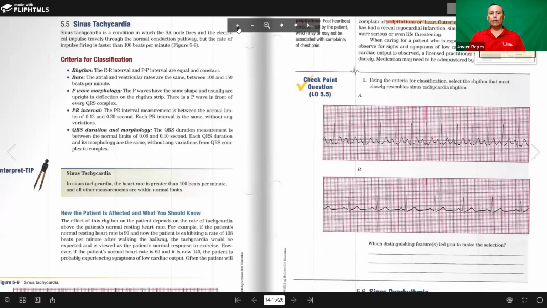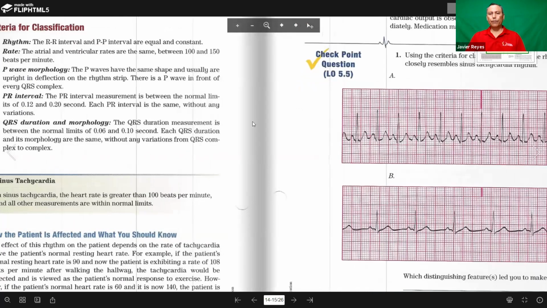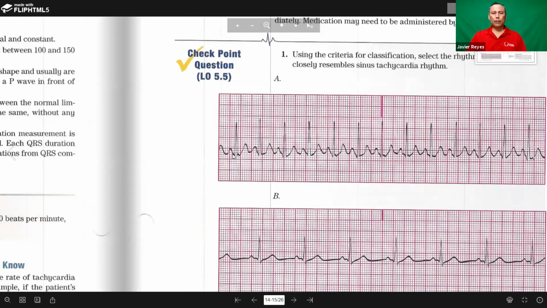Are all the QRSs looking the same? Yeah, they all look the same, and they're very narrow, about 0.08, two little squares. So if the QRS and morphology are all the same, then you have a sinus tachycardia.